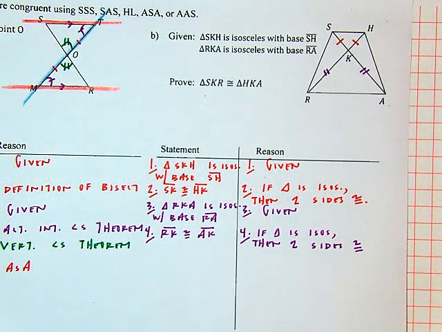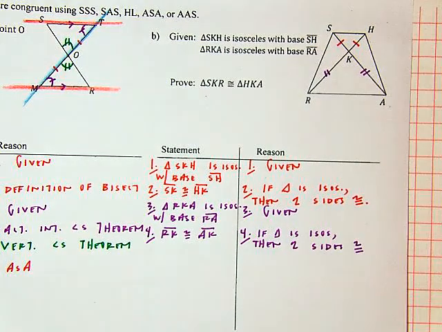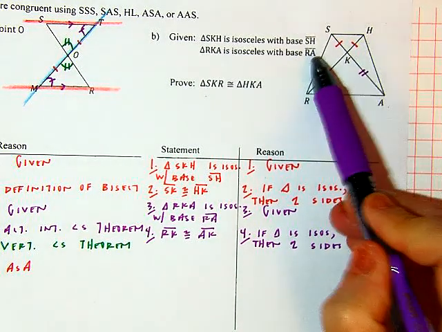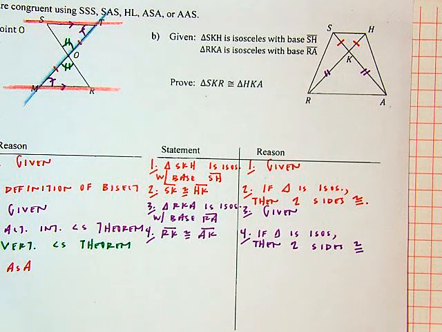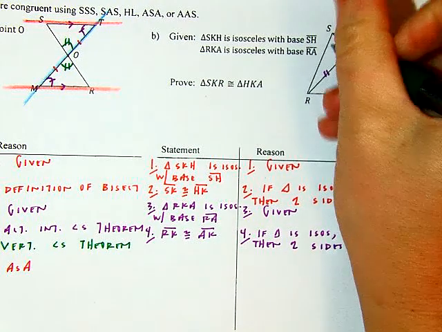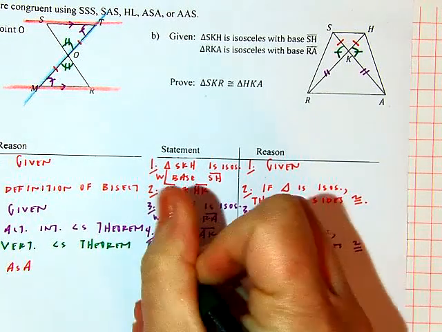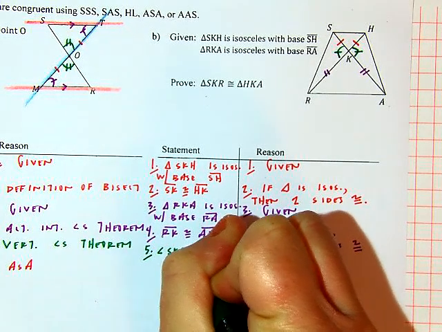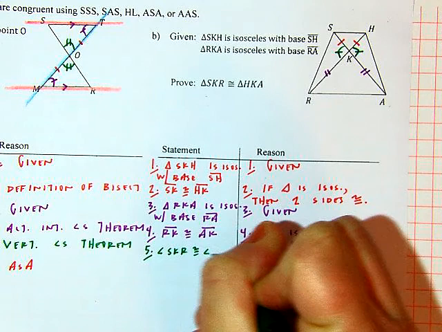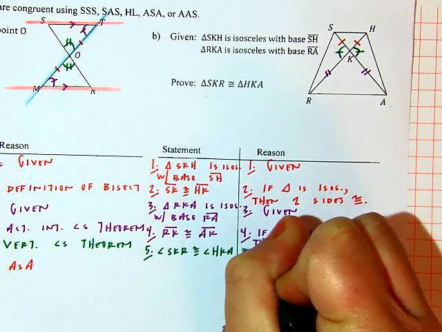Okay, so I'm pretty close, but I'm trying to get to these two triangles here and here. So I need to either link up this pair of sides or this pair of angles. And those angles look pretty easy because they are vertical. So let me link up my vertical angle pair here and here. So I can say that angle SKR is congruent to angle HKA.